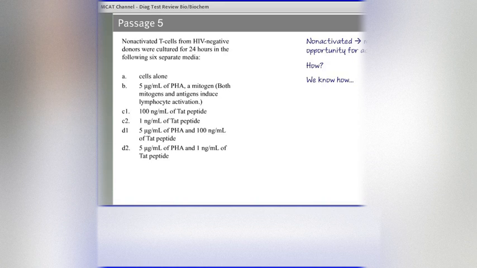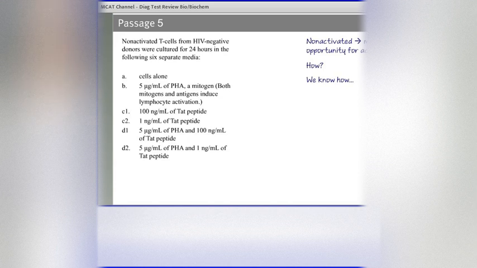Now, the ideal test taker would scan through the list and notice if there was something that was an outlier. Like A, cells alone, we don't expect to really see a whole lot of difference. Or D1 and D2 dealing with slightly different amounts of PHA with TAT peptide. Okay, comparison in there.